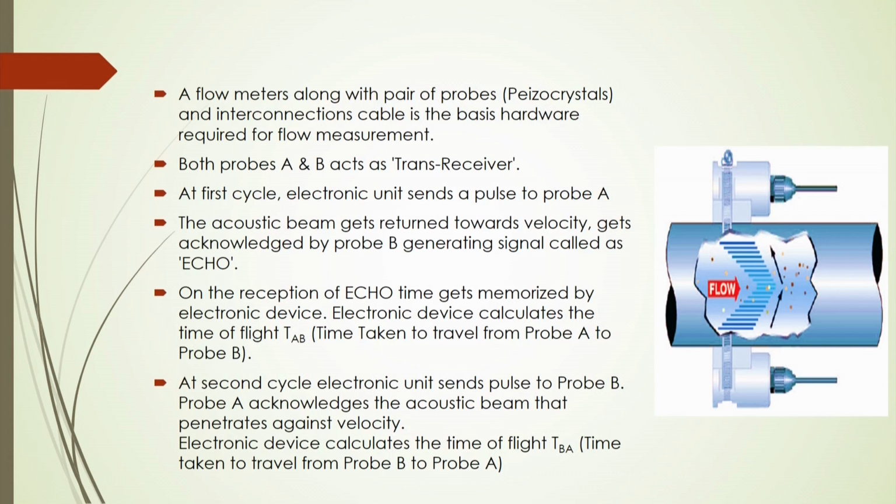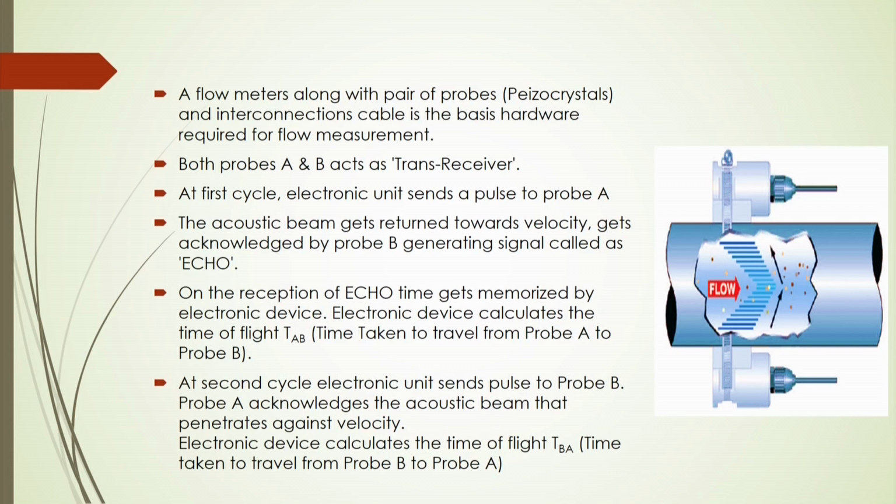Both probes A and B act as transceivers. In the first cycle, the electronic unit sends a pulse to probe A, and the acoustic beam travels with the velocity and is received by probe B, which generates the signal called an echo, and on reception of the echo, the time is memorized by the electronic device.